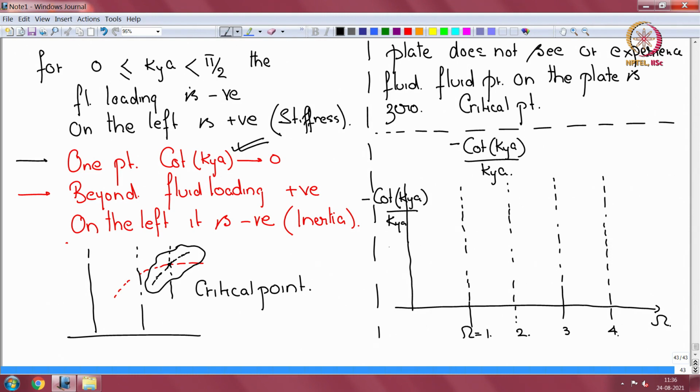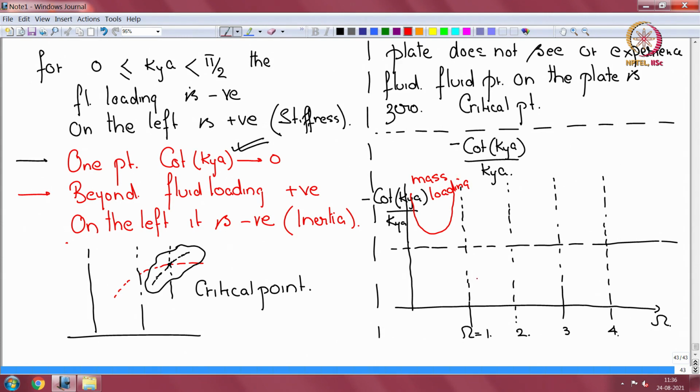Let us say this is a 0 value, we plot it in red. So below omega 1, this term is totally positive. We have shown you that it is a hyperbolic cot, so it behaves like this. So it makes it inertial, so this region is mass, the fluid loads the structure as a mass.